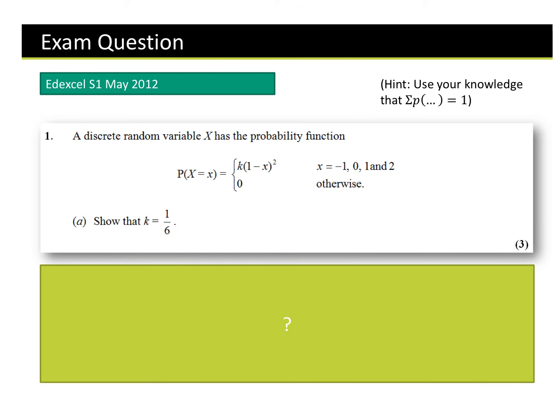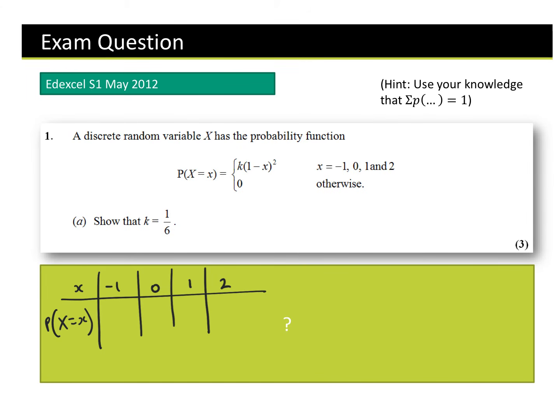So, a typical exam question. A discrete random variable x has this probability function. It's basically saying that x equals -1, 0, 1 and 2, and 0 otherwise. If you were to write this as a probability distribution in a table, you don't have to use a table, but we're going to have x is -1, 0, 1, 2, then our probability of x.